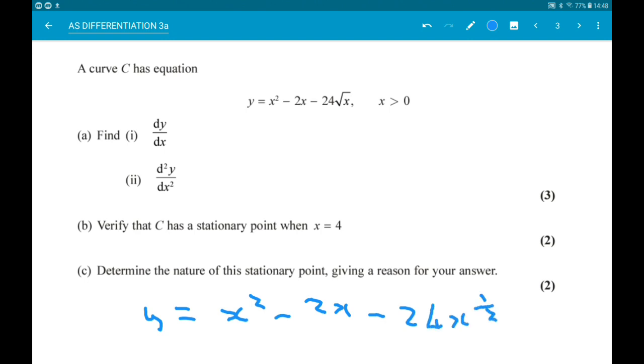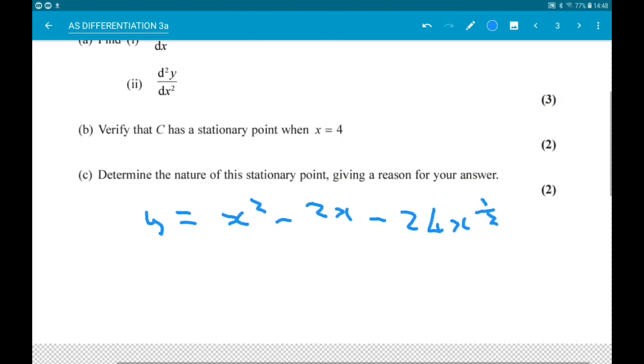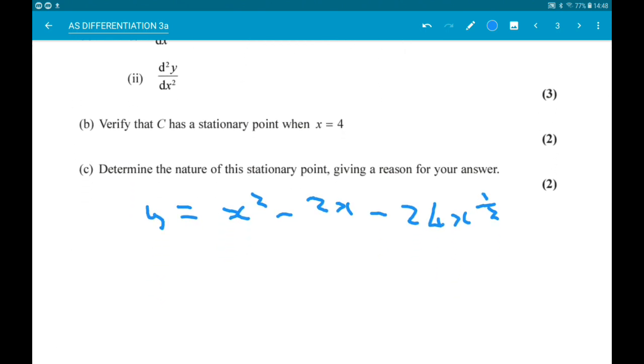Okay, so let's differentiate. So dy by dx is 2x minus 2 minus, so the half comes down, multiplies 24, so we have 12, and then x to the power minus 1 half.